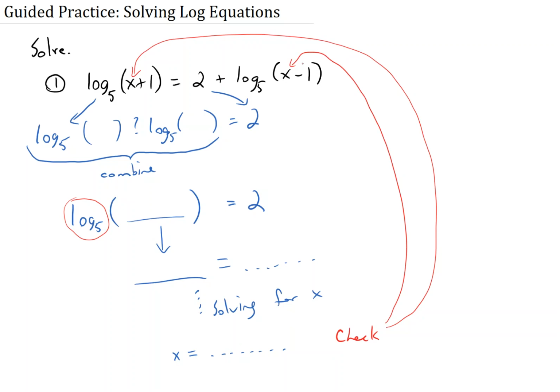You can only take logs of positive numbers. So when you plug the x value into both of those arguments, make sure the arguments are both positive. If one of them is not, then that answer will not work. Okay? So pause the video and make sure you work through that problem.